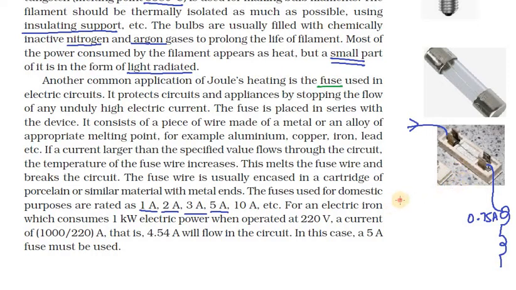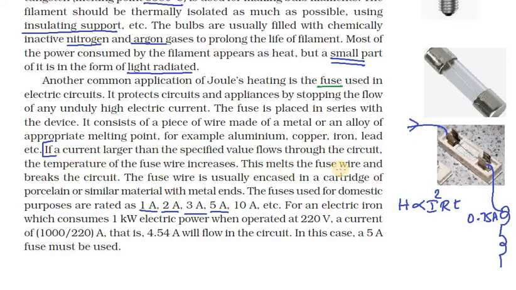This is because heat H is proportional to I squared R T. So the more the current, the more heat is produced. If a larger current comes, the heat it produces will melt the wire. So the idea of a fuse is: if a current larger than a specified value flows through the circuit, the temperature of the fuse wire will increase.